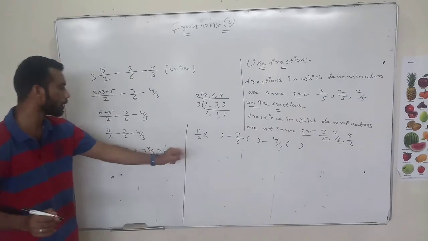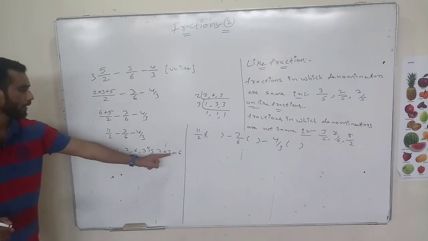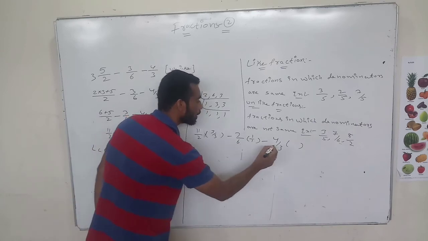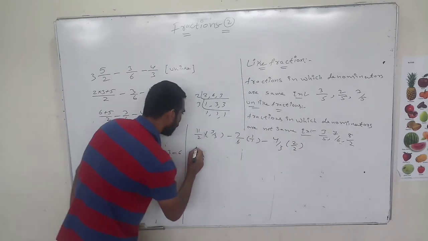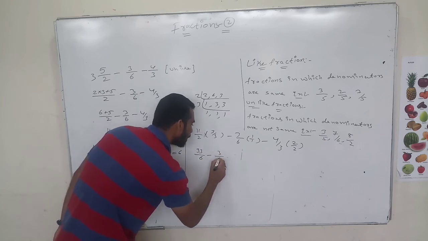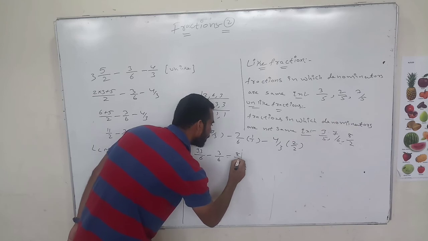Okay. Now which number should multiply to make it 6? 3 by 3. Here 1 by 1. Here 2 by 2. Now 11 3s are 33, 2 3s are 6, minus 3 by 6, minus 8 by 6.